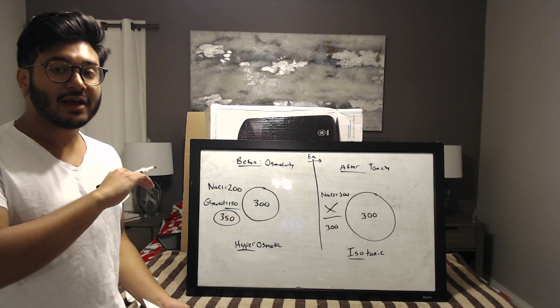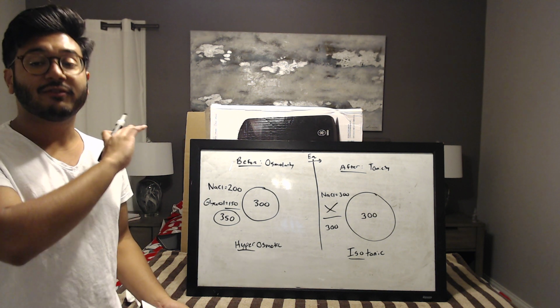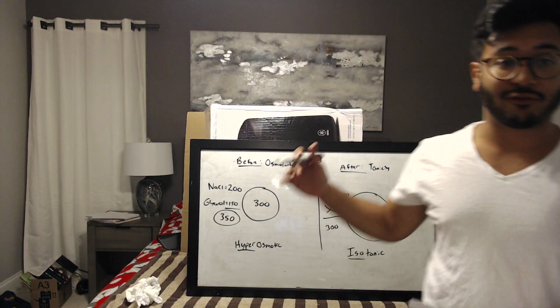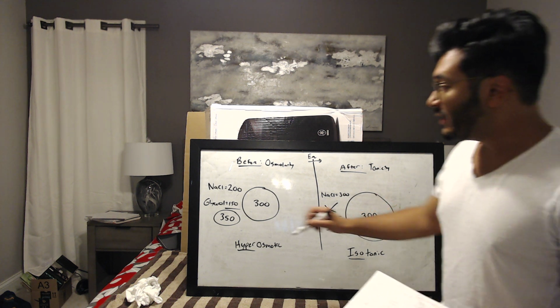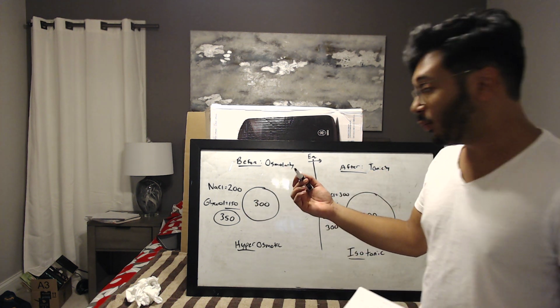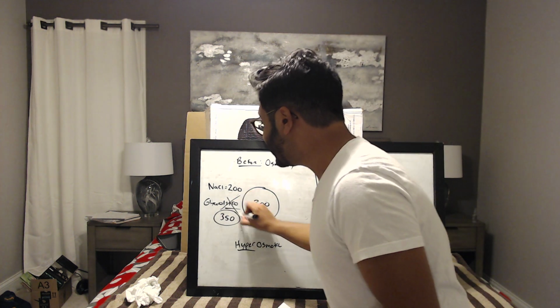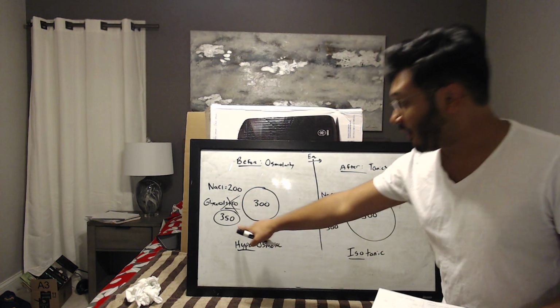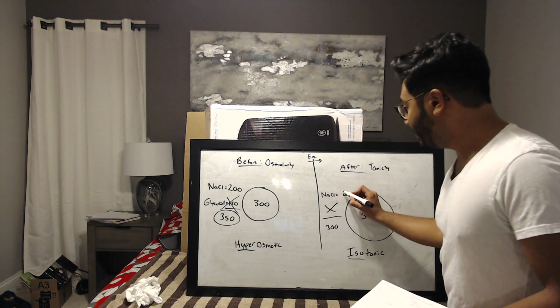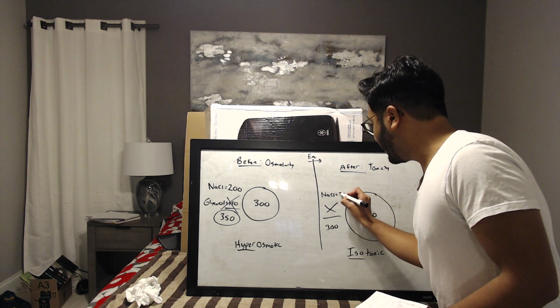But whenever everything equilibrates on the other end, whenever you get the after snapshot for tonicity, what's going to happen is when the glycerol equilibrates on this side, you're basically going to take out the 150 from this 350. And you're going to be left over with whatever was left over.